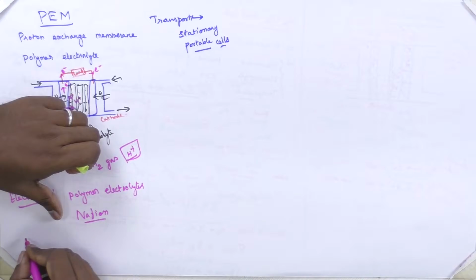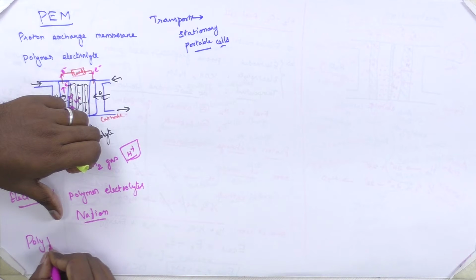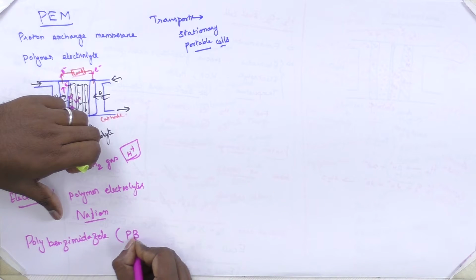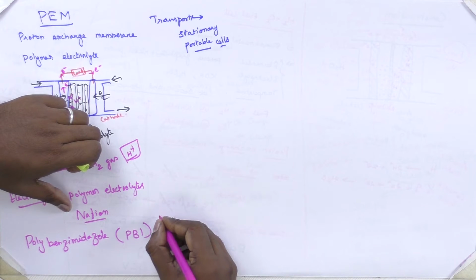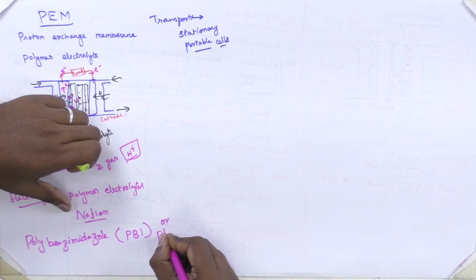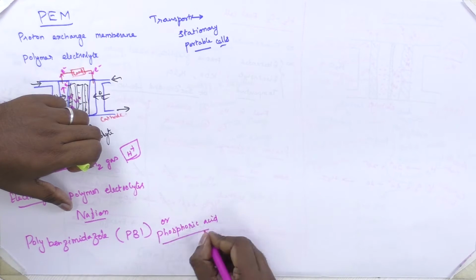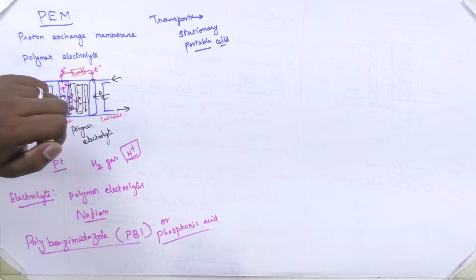By replacing it, some other polymer membranes have recently come into this category of fuel cells. That is polybenzimidazole, PBI, or phosphoric acid. So we may go for these kinds of membranes.